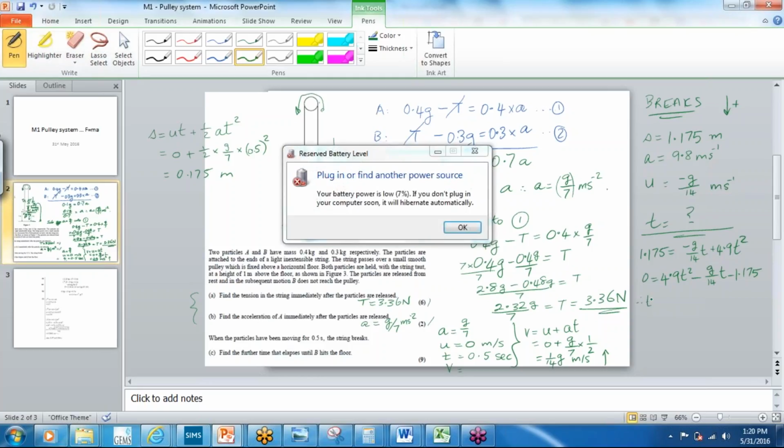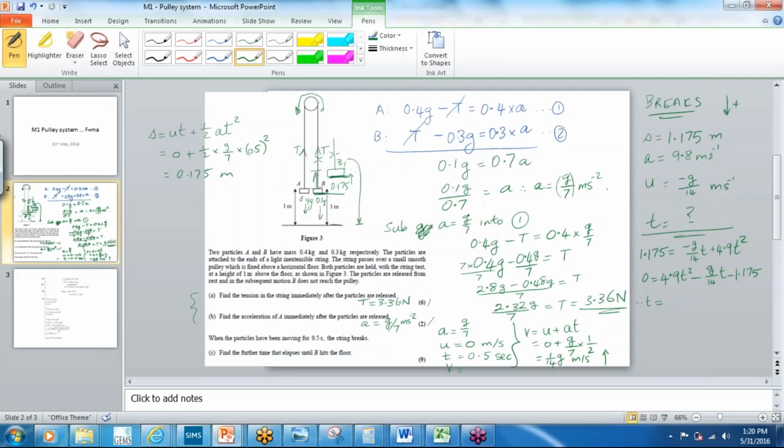Therefore, t equals, strange, battery's getting low, so I better hurry. It doesn't seem to be charging. Negative b, plus and minus, let's just do the plus because the negative will give us a negative time. g over 14 b squared minus 4 a c, negative 1.175.